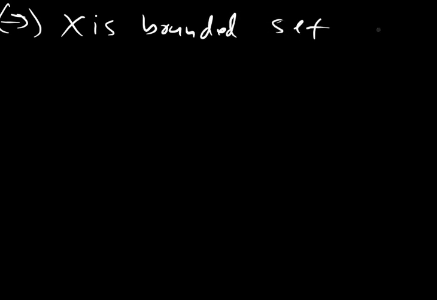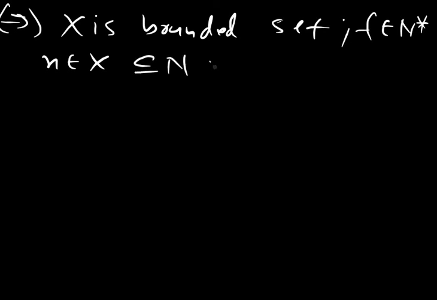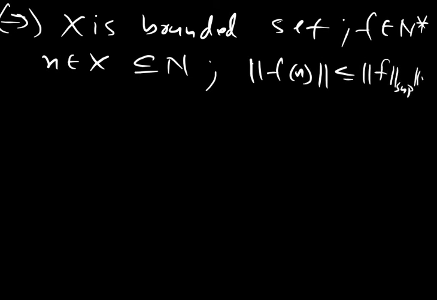So this way, the proof: X is given to be a bounded set, and if you take any f belonging to N star, then for any x belonging to capital X, which is a subset of N, norm of f of x is always less than or equal to norm of f, the supremum norm, times norm x. Now this set, norm of f of x, is bounded by this and this, so this is a constant number over here.